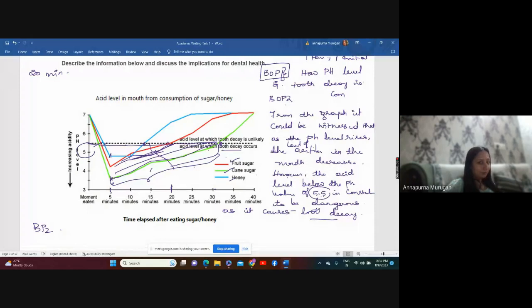Don't give that kind of assumption. Okay, tooth decay causes tooth pain, no. Even, we can use that it affects dental health, or it causes problems to dental health.